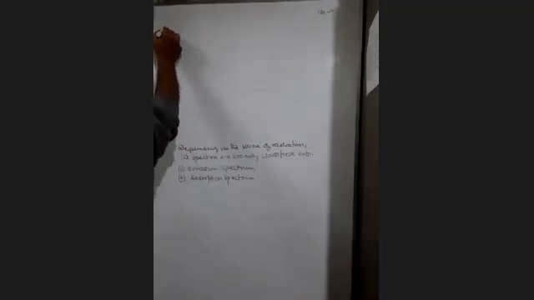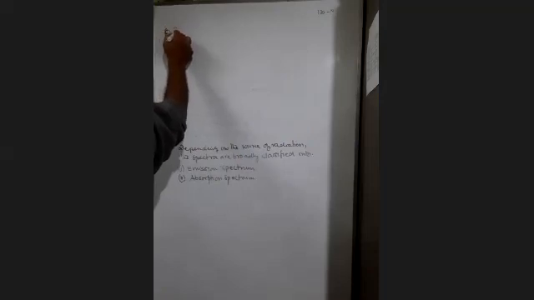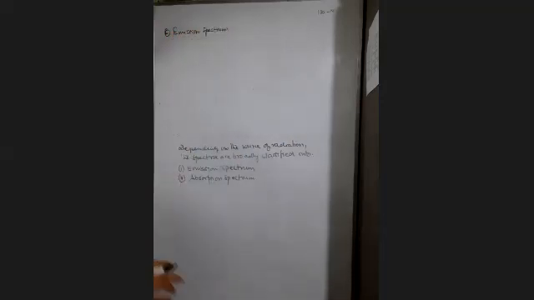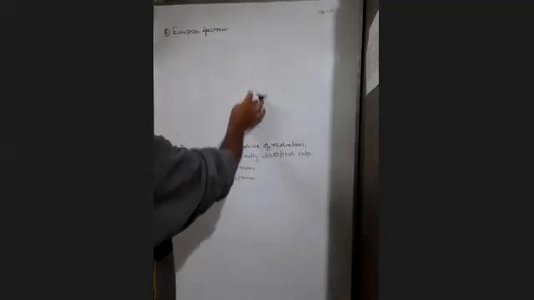Say you are using a heater at home. The coil has become red or yellow. If it's allowed to go through a prism, then you'll find it is going to show several colors. That is called the emission spectrum.